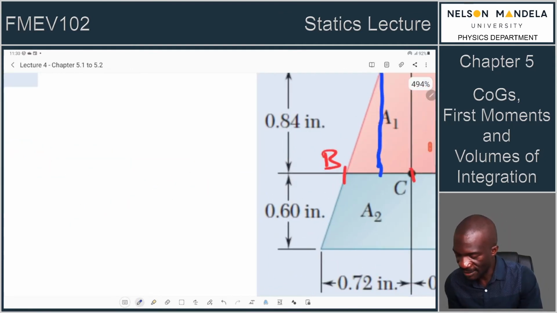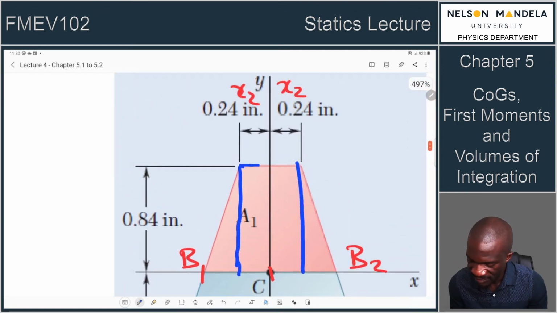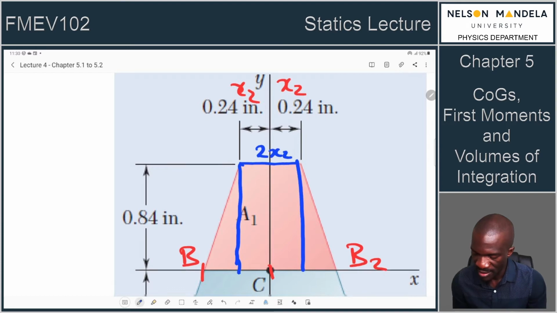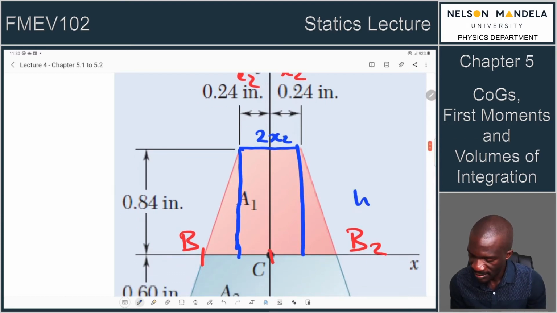Let's give these dimensions some names. So this is our 2x2, and then this is our height up to there. Maybe this is our side A, from there to there.